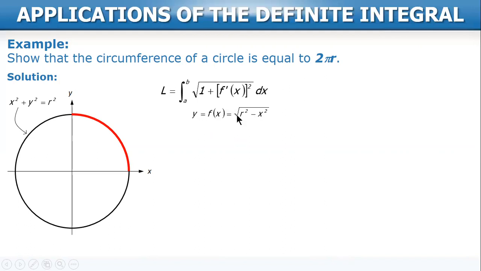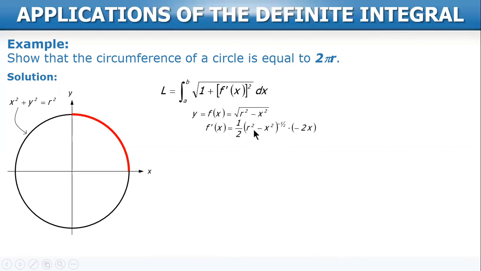Y is square root of r squared minus x squared. So, square root, we have this. So you get the first derivative of y or f prime x. Of course, instead of radical, we can express this as r squared minus x squared raised to 1/2. So derivative is 1/2 radicand raised to negative 1/2. 1/2 minus 1, it's negative 1/2.